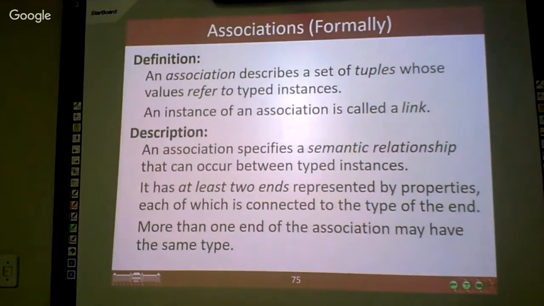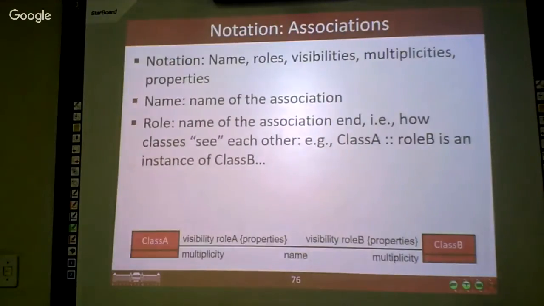And an association specifies a semantic relationship that can occur between typed instances, and it has at least two ends represented by properties, each of which is connected to the type of the end. And more than one end of the association may have the same type.